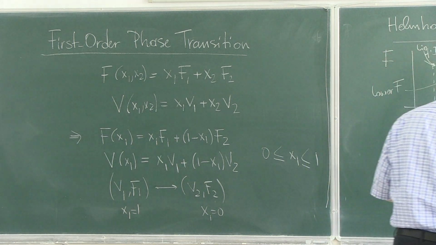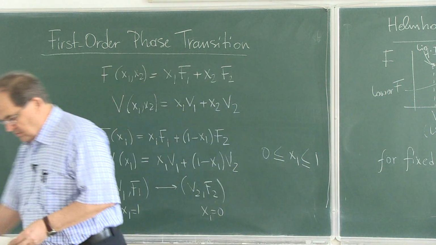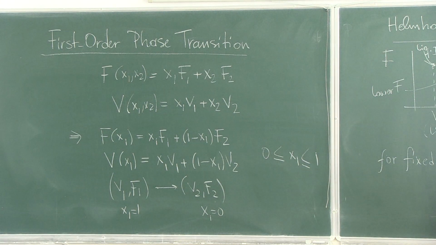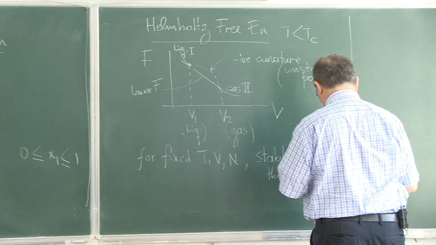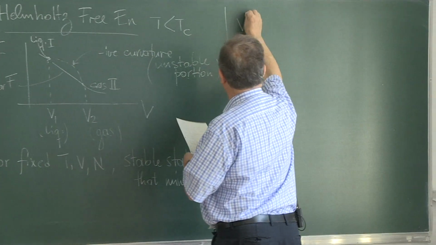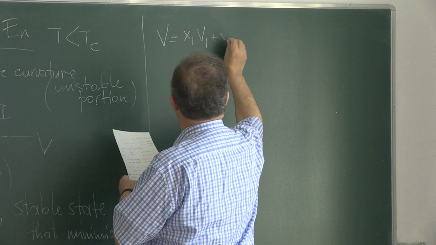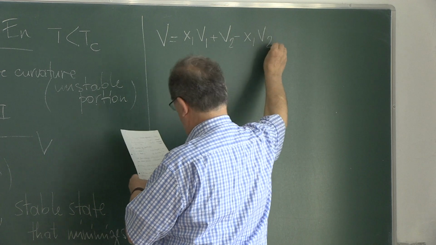So let's see what it means again. How are we going to get the correction? Let's do a small calculation here. V is x1 v1 plus v2 minus x1 v2.